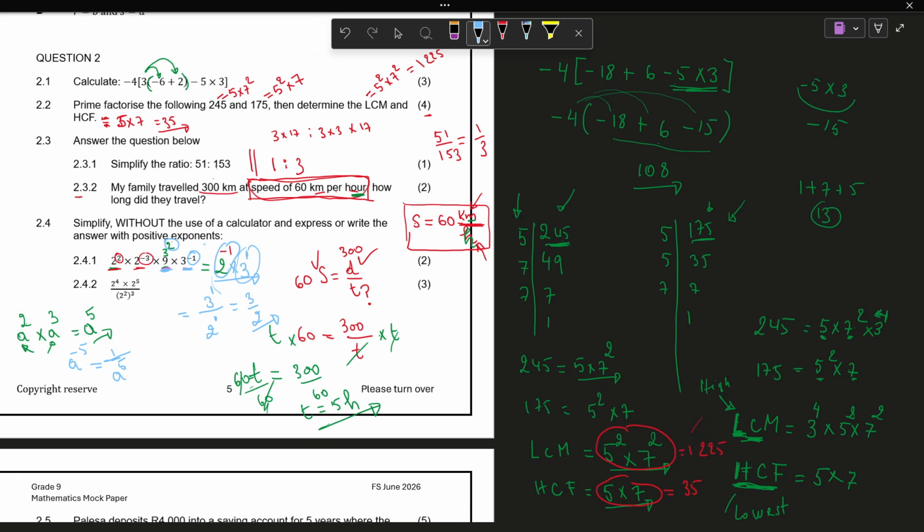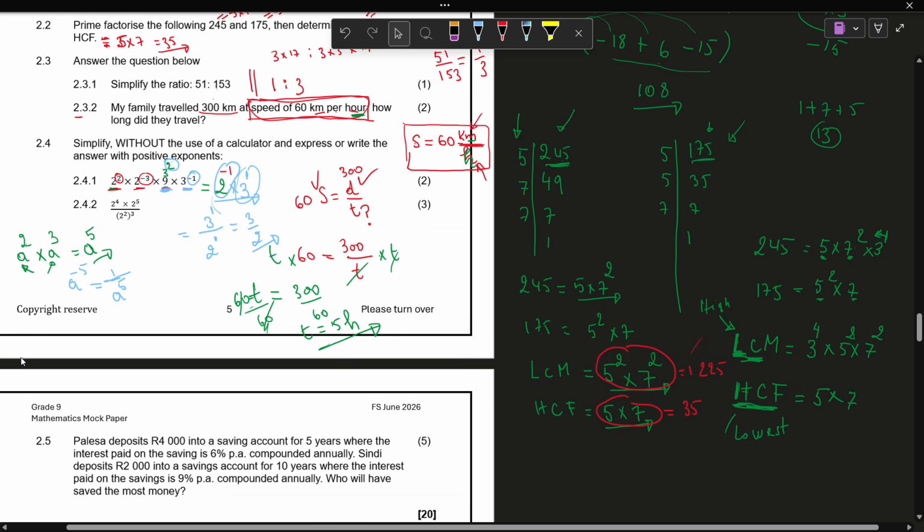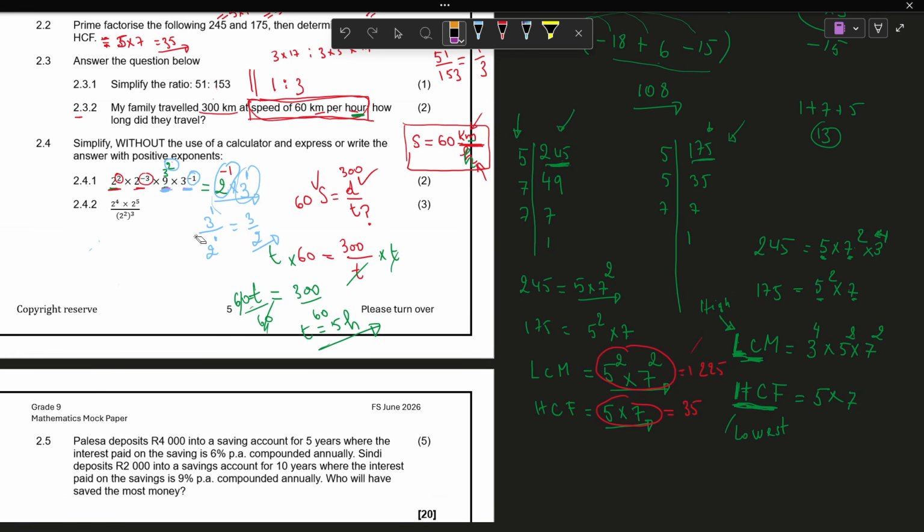I think I don't really like the amount of space that I had. What I should have done is erase on my right side so that I can have enough space. So let me just clear it again. Let me just erase this and clean up.